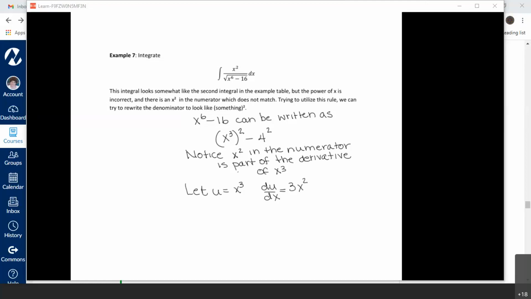And again, I'm trying to get x squared dx. This is what I'm trying to match. I already have the x squared, so let me get the dx on that side. I'll multiply both sides by dx.